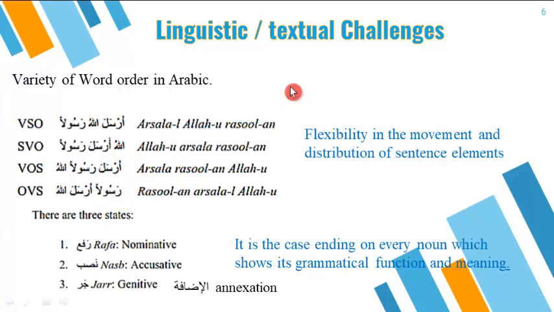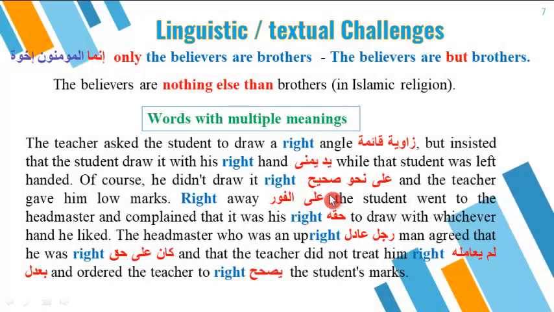In English, we've got only one word form of sentence, which is subject, verb, object, or complement. We are still dealing with the lexical challenges.